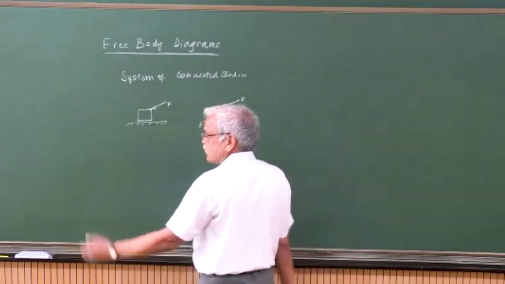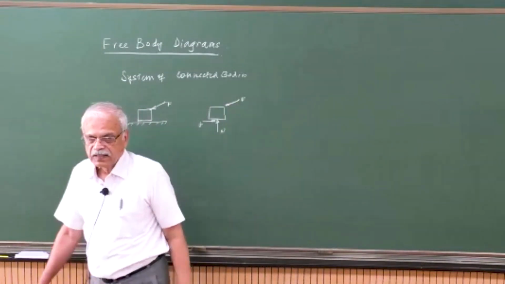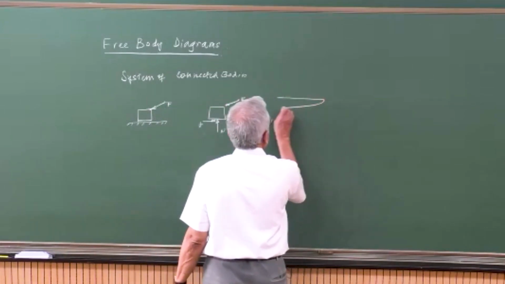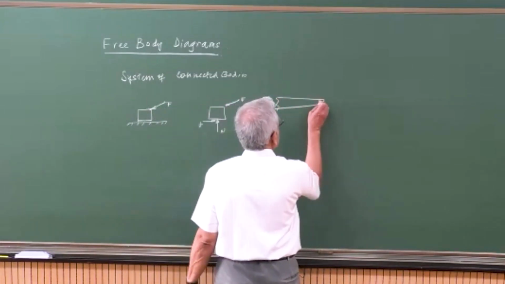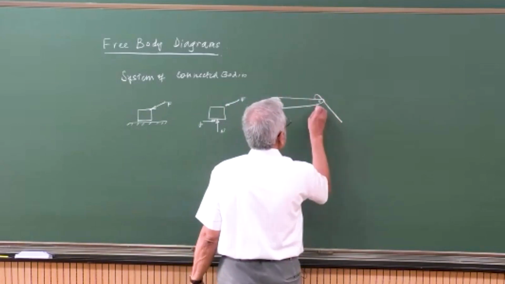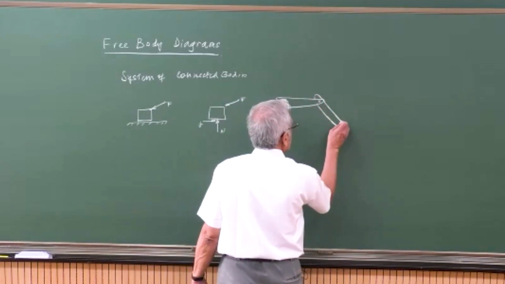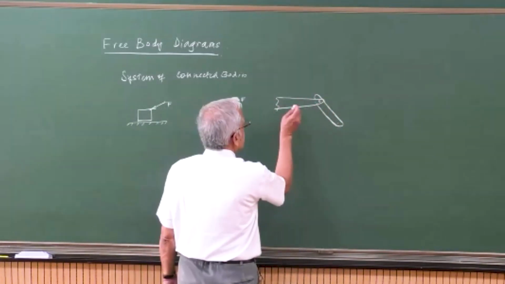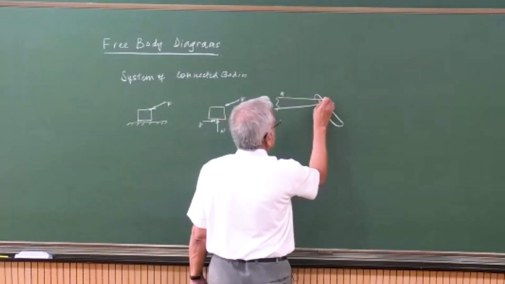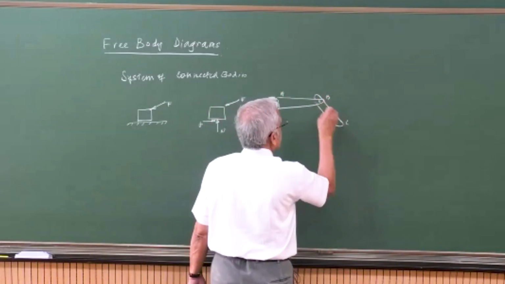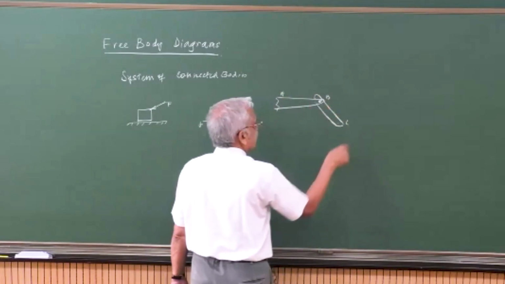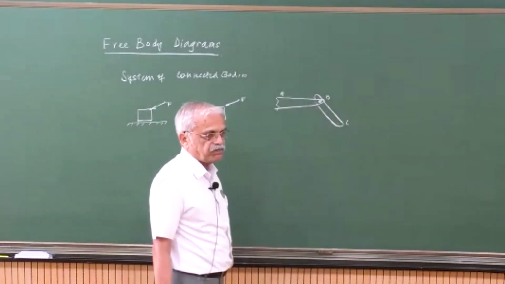Like this, we have also seen the pin connection. If you have a pin connection here, this is the connection B, and AB and BC are connected at B with a pin.